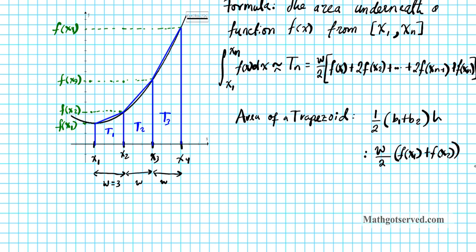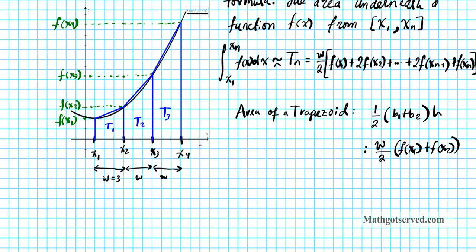Using that, let's find the area of our individual trapezoids. The area of trapezoid 1 is equal to 1/2 times base 1. Base 1 is f of x1.